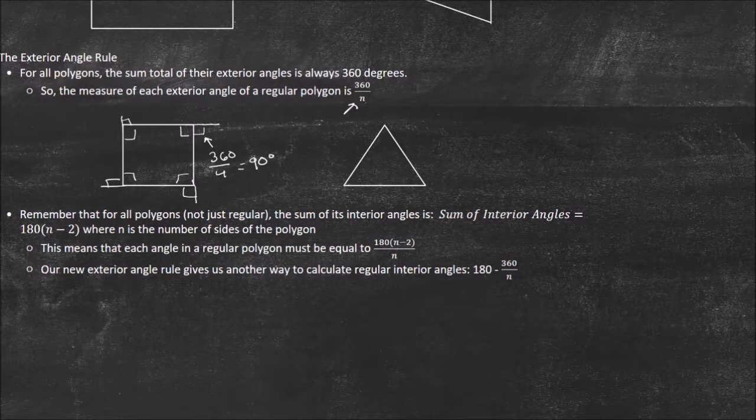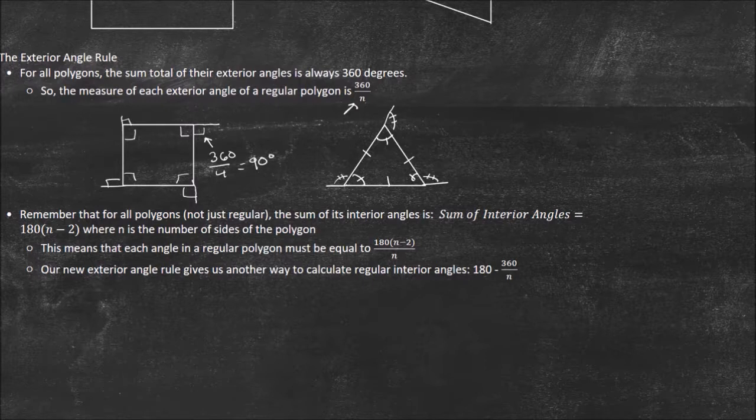Now let's think about it again with this regular triangle. We're assuming it's regular, so all the side lengths are the same and all the angle measurements are the same. So again, let's imagine extending this here. So that's an exterior angle, this is an exterior angle, and this is an exterior angle. And what we say here is if all the measures of the exterior angles are the same, well, they're all congruent. So I can do my little dashes here to show congruence.